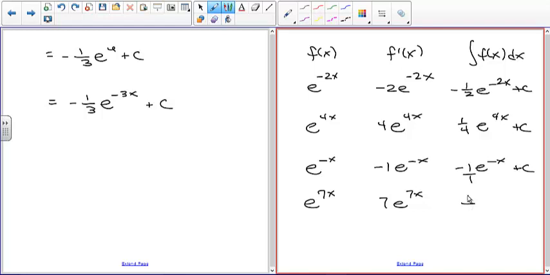And this would be 1/7 e to the 7x plus c. So when you integrate a reasonably simple form of the exponential function, you just divide by the constant that's multiplied by the x in the exponent.